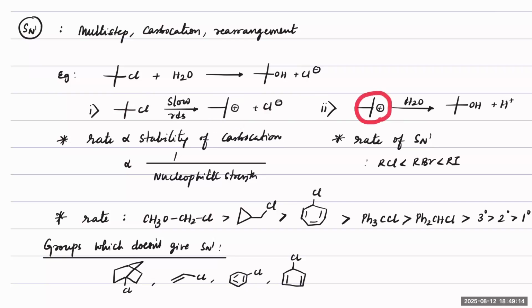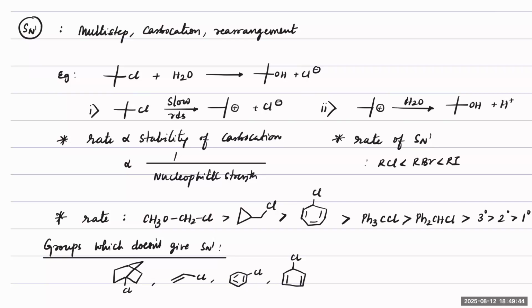Once you get a carbocation, that's when the water will attack as a nucleophile, to get this OH hydroxy group added, and H plus is released. Here in the example, I took something where the carbocation is directly forming as a stable one. But in case the carbocation is first forming at an unstable position and then it has the ability to get to a more stable position, you will do all that rearrangement.